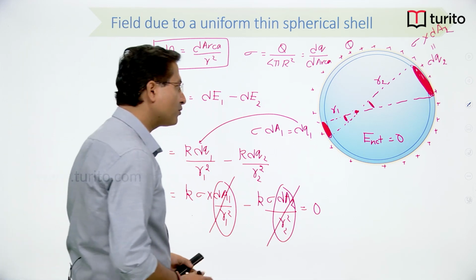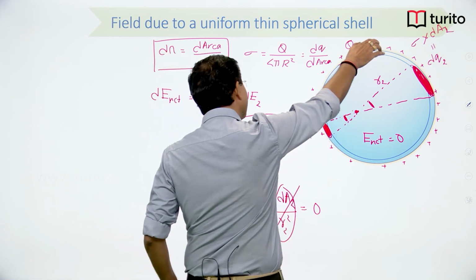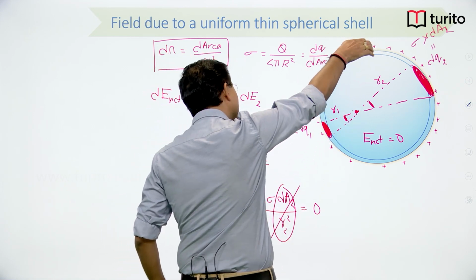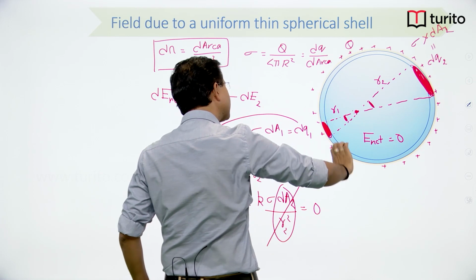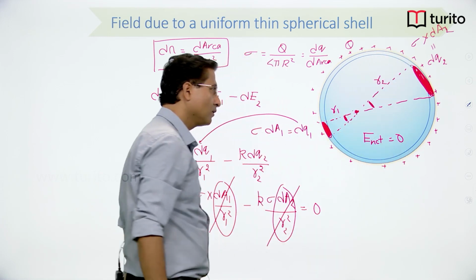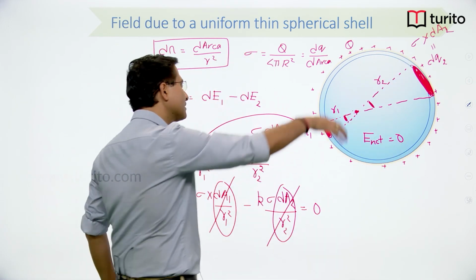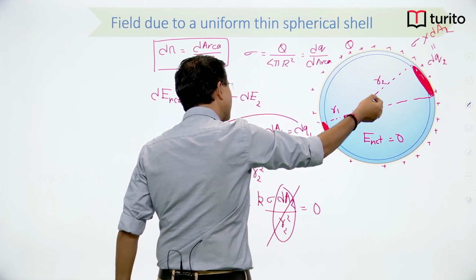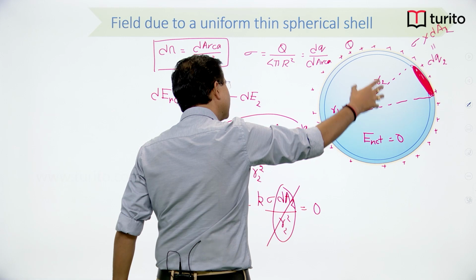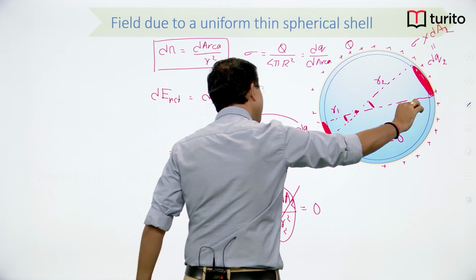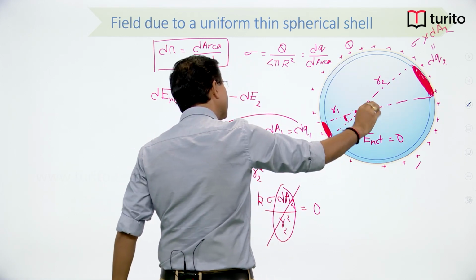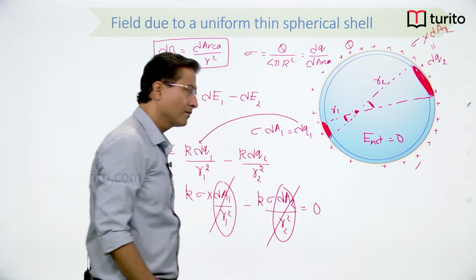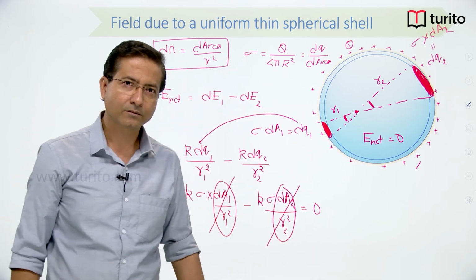If the distribution becomes non-uniform, for example, if I take the situation where charge this side is more as compared to charge this side, then obviously the field at a point somewhere here, or you can say at the center, this will produce more field and this will produce less field, and the net field will be in that direction.